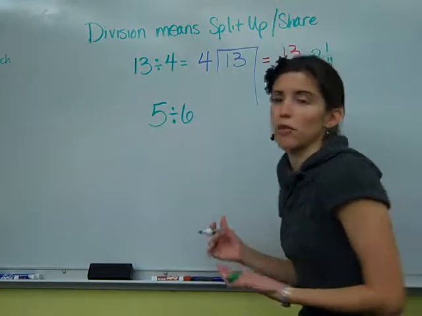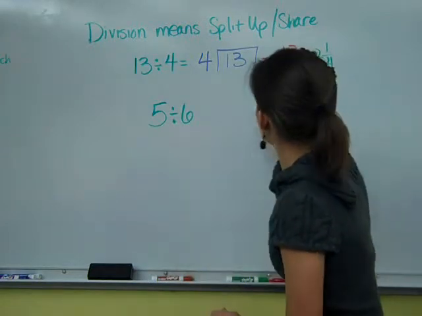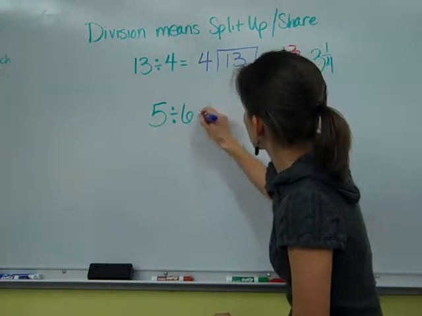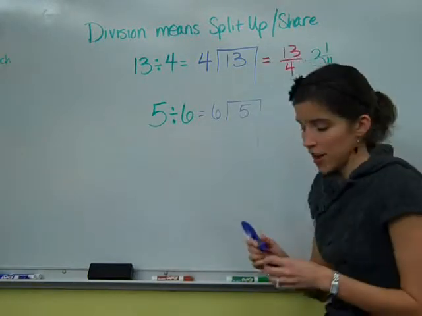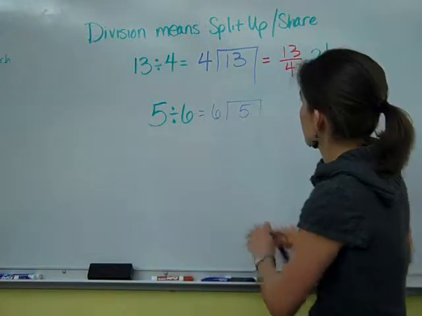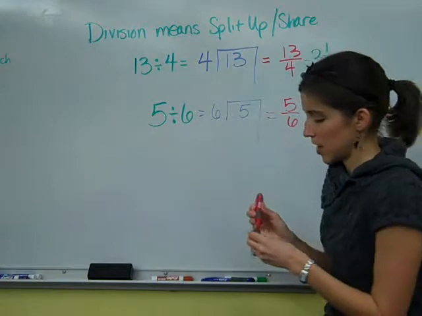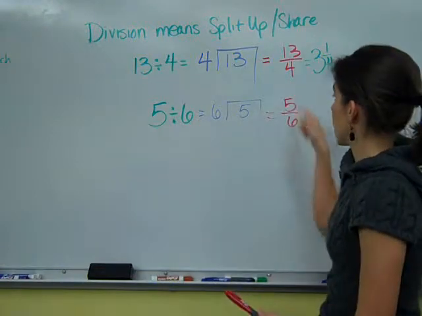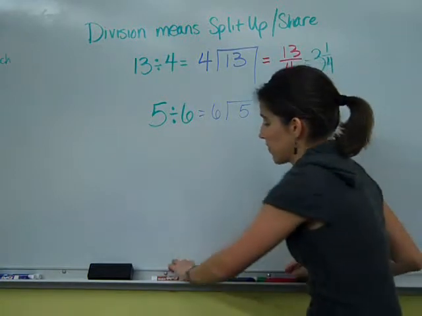Whoa, haven't seen that before. So that would be the same as 6 dividing into 5. Or, if we're following the same pattern as above, the same thing as 5/6. So let's see if this answer, 5/6, is actually the real answer to this question.